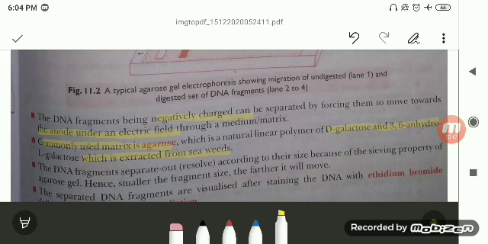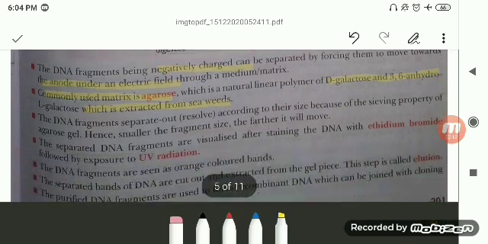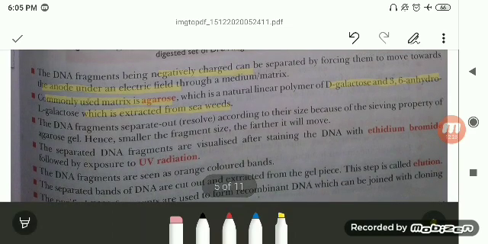The DNA fragments are resolved according to their size because of the sieving property of the agarose gel. The smaller the fragment size, the farther it will move.